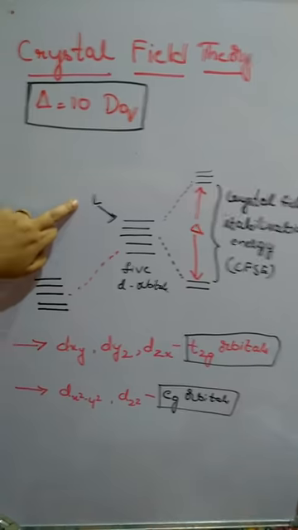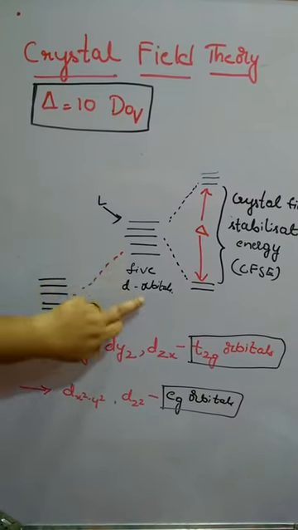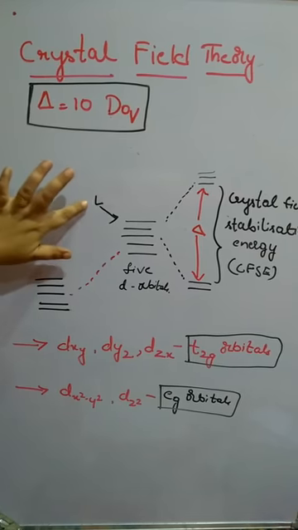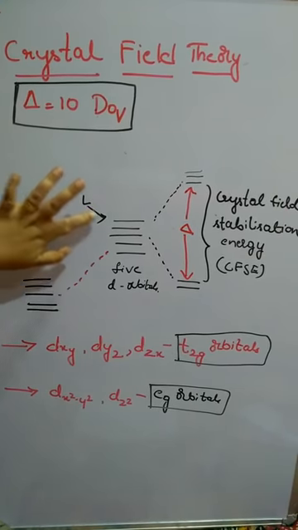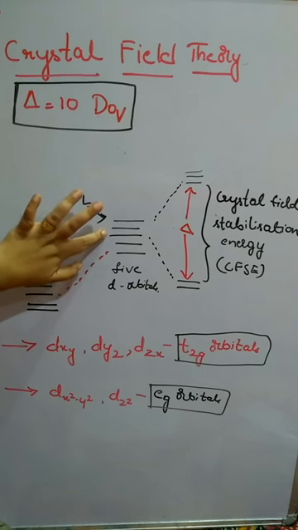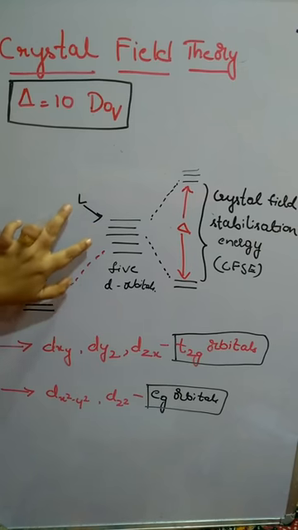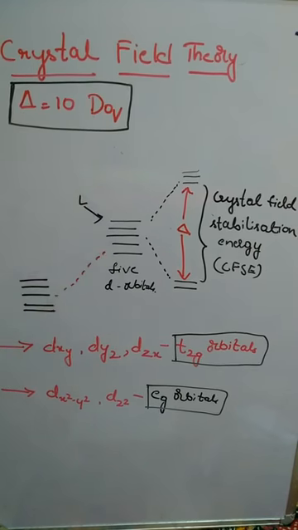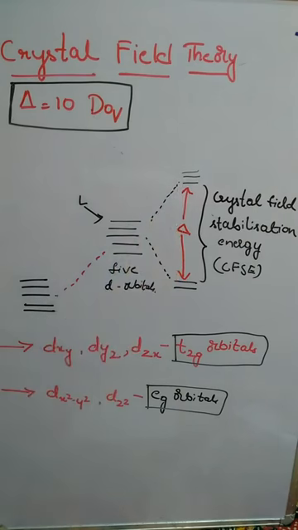If the ligand approaches the metal, and the orientation of the orbital in the ligand is similar to the orientation of the d orbital in the metal, then those orbitals will experience more repulsion, due to which the energy is raised.